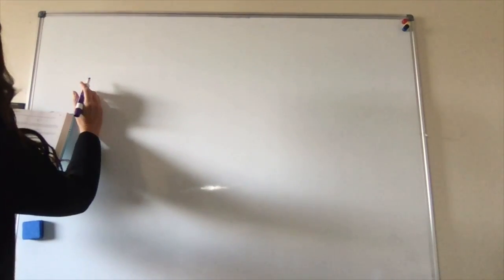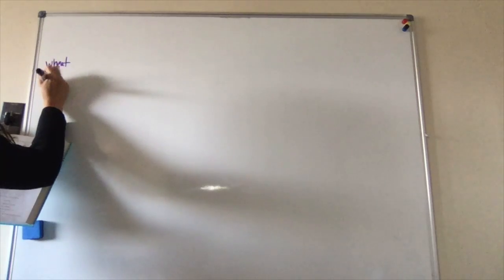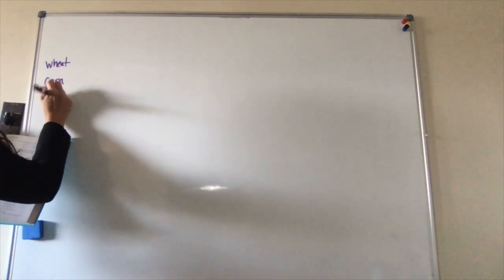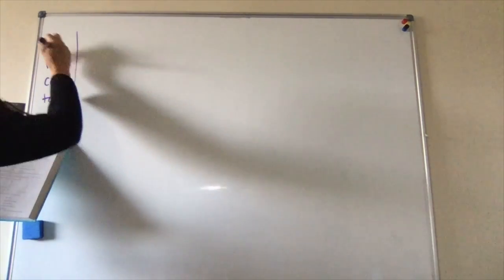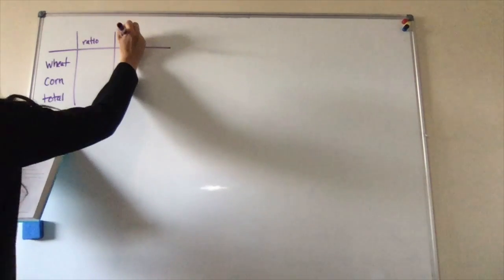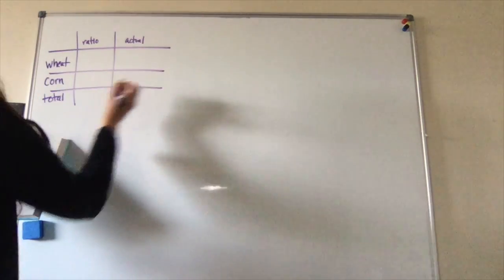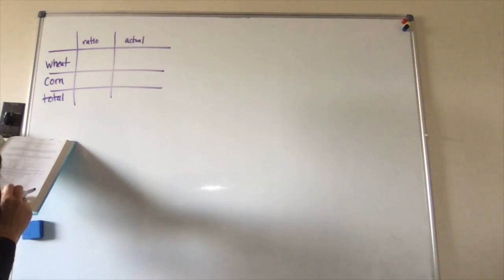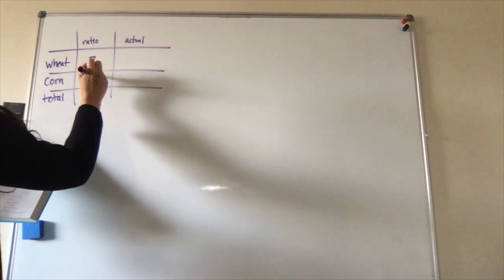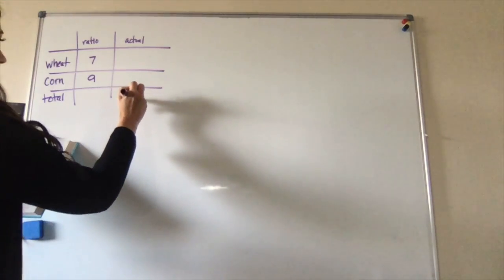So we have wheat, corn, and total. And then we have ratio numbers that they give us, and actual. Okay, the ratio that he wants to do is 7 to 9. So 7 wheat, 9 corn, and he has 640 acres.